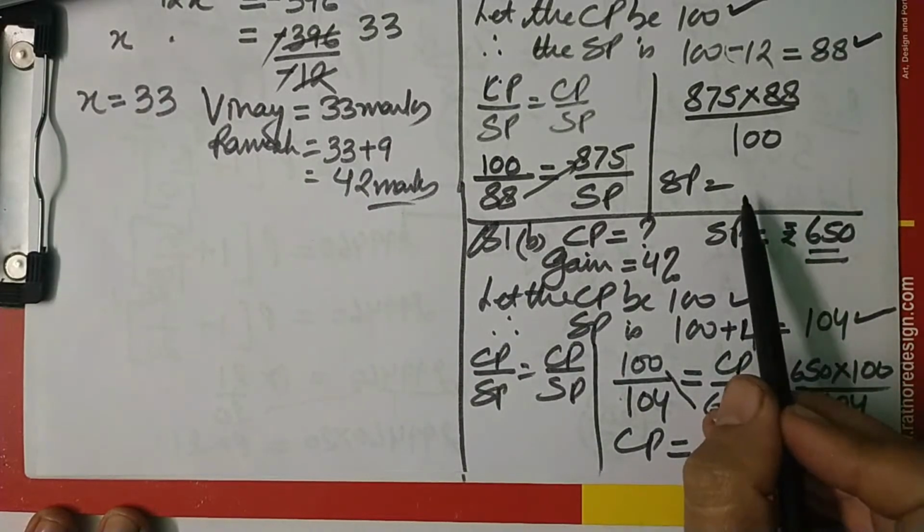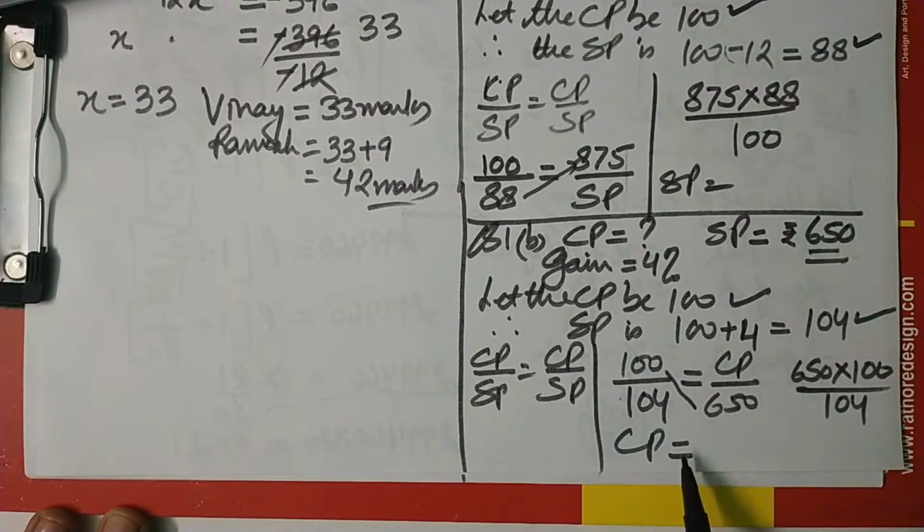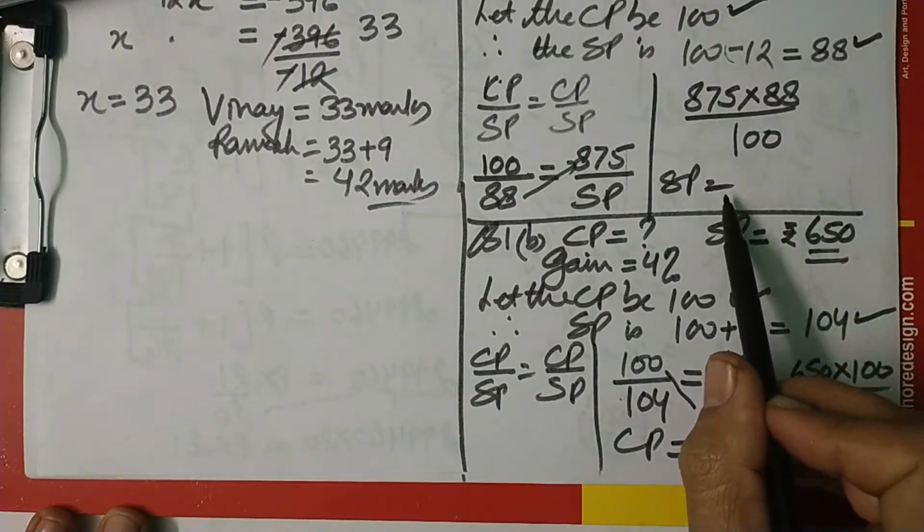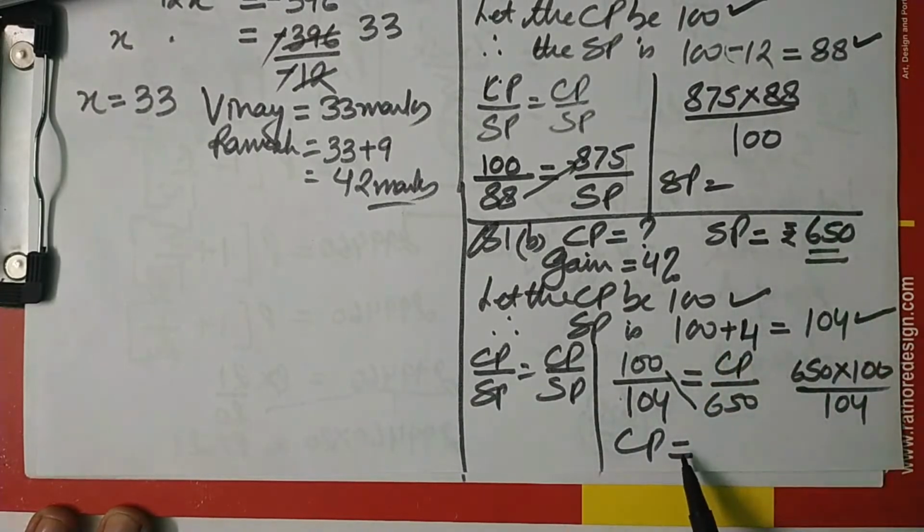So what is the answer of this selling price, and what is the answer of the other? Write SP is equal to how much and type CP is equal to how much. Calculate and type the answer.